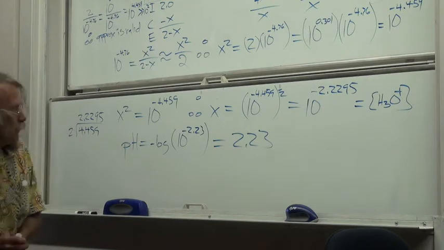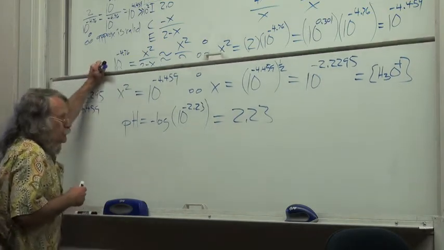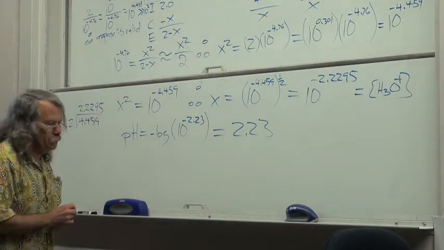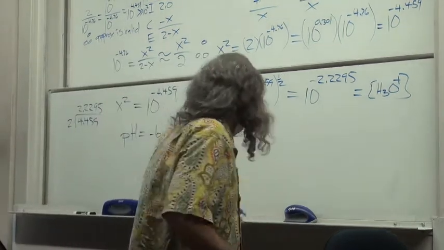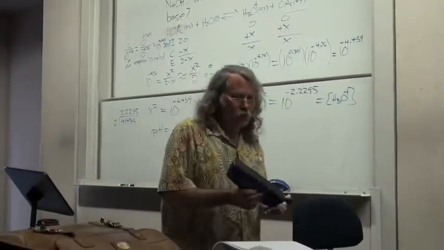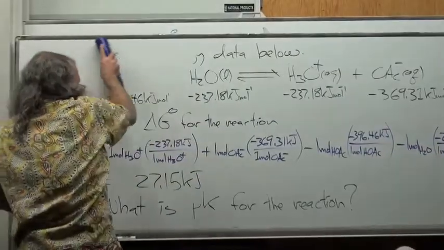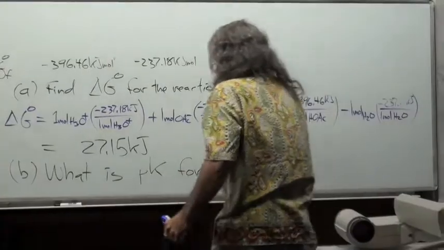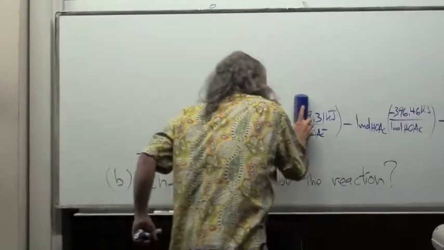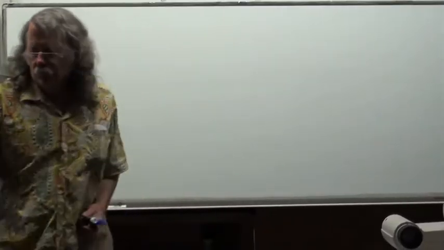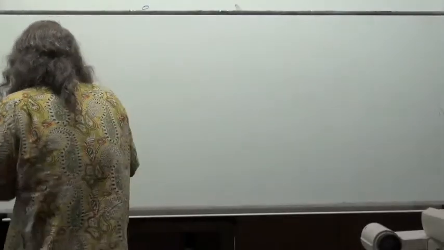Okay, now for part E. Well, I guess I'll do part E over there, because I don't want to crowd the board. So part E. What is the pH after addition?